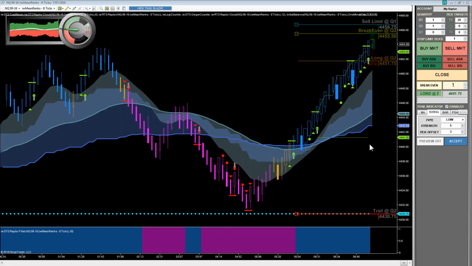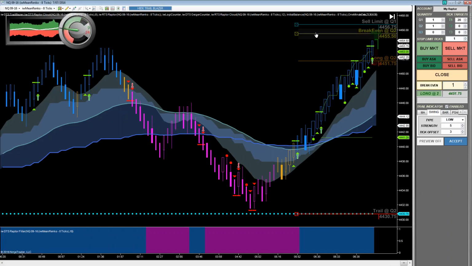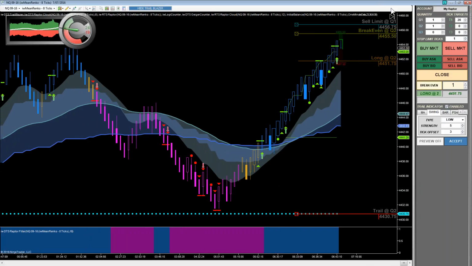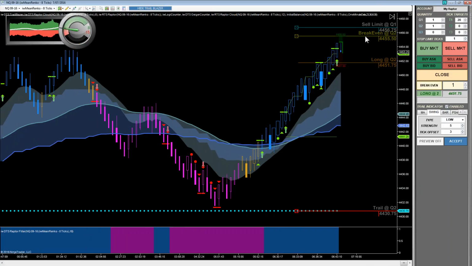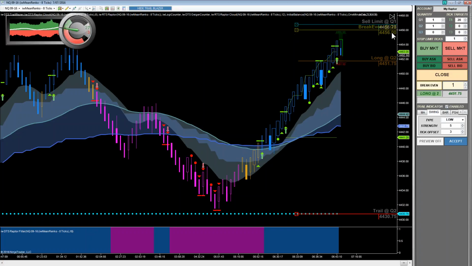Okay, the buyers pushing on through. We should hit the break-even trigger here in a moment. I'm almost tempted to roll that break-even a little bit higher. There we go. Why?